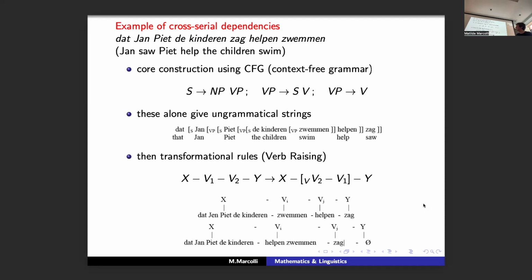So in terms of transformational grammar, you would first have the context-free grammar generate something which is not the grammatical form in Dutch, but is more similar to combining the subject with its own verb. But then you would have some transformational rule that would reorder things, and that would be language specific.